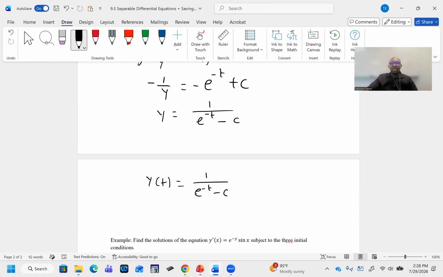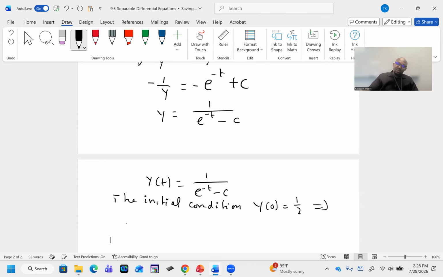Right? Now we have the initial condition: y(0) is equal to 1/2. Finding y(0) here, y(0) would be 1 divided by e to the power of negative 0 minus c.